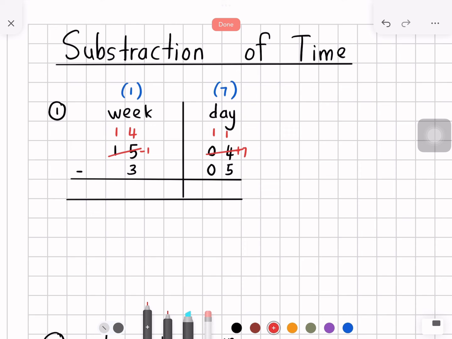Okay, so now we can minus. 11 minus 5 is going to be 6, 0, and also 14 minus 3 is going to be 11. And the final answer, as we can check, 6 is below 7, so we can finish the answer and write the final answer 11 weeks and 6 days.